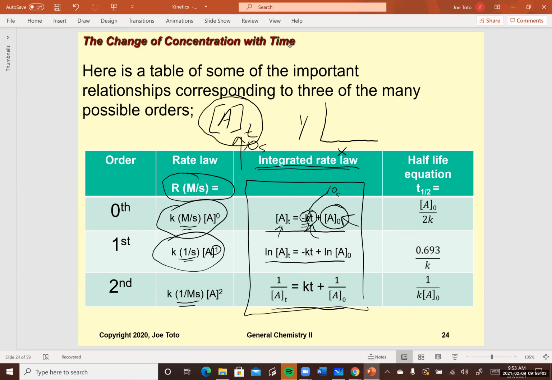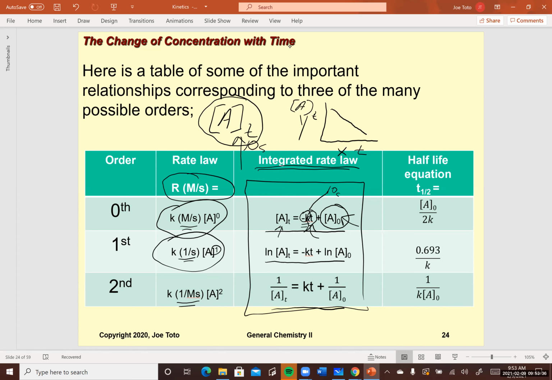Namely, for the first one, y would be the concentration of A at some time, and x would be the time. And you see that for zeroth order, that functional relationship would be a straight line, y equals mx plus b.